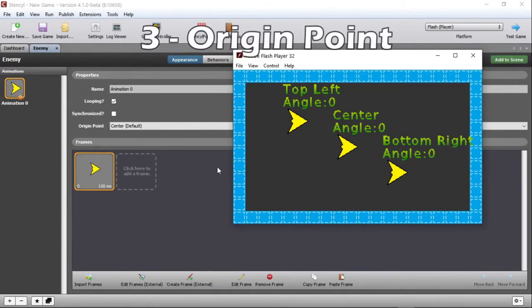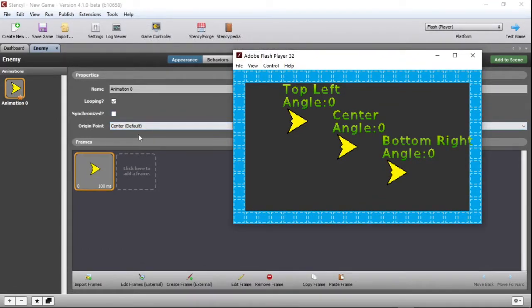This is a good time to also quickly go over an actor's origin point. The origin point is the anchor point from which your actor will rotate, grow, and shrink.